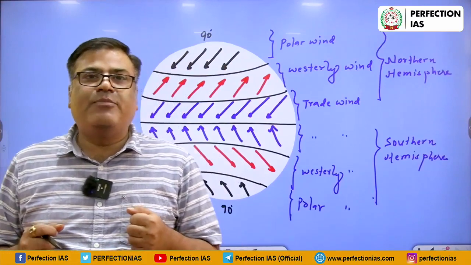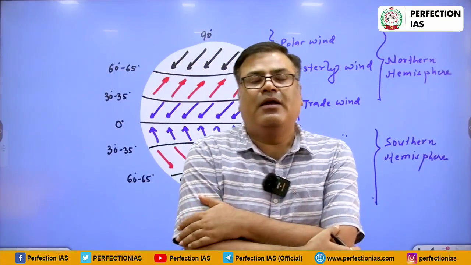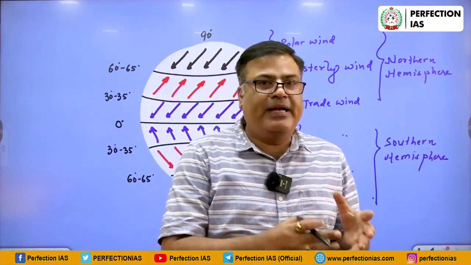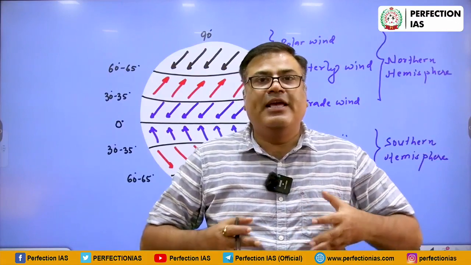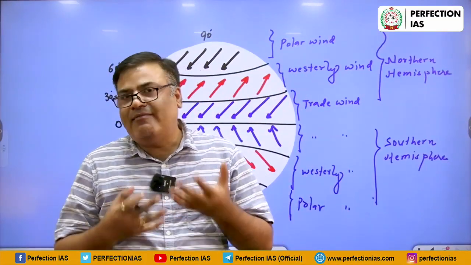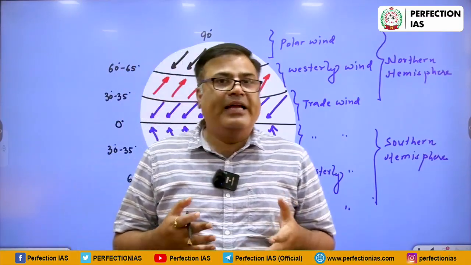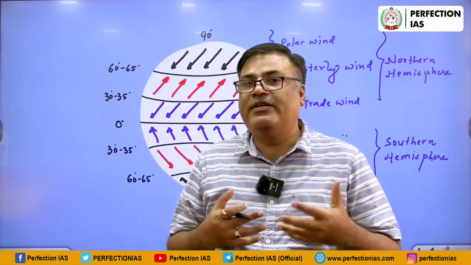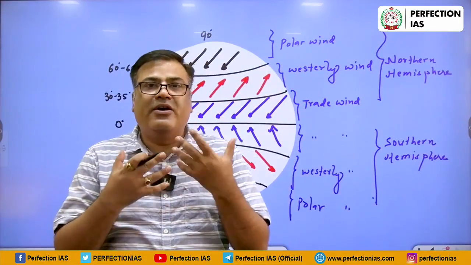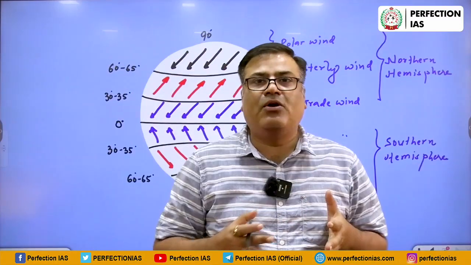These are responsible for causing heavy rainfall on a daily basis on the equator, between 10 degrees north and 10 degrees south. If we know about the equatorial climate, how has this climate developed? The reason is these trade winds. ITCZ, intertropical convergence zone. How do the winds converge and how do winds cause rainfall? That is the matter of some other topic we will be discussing later on.